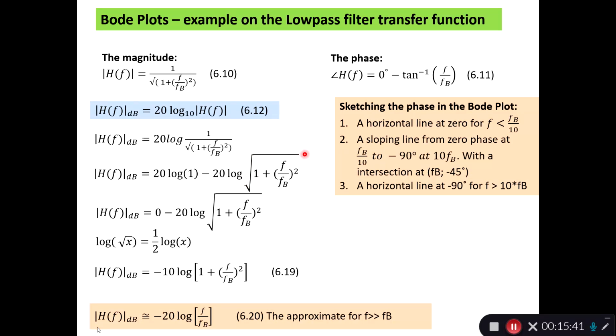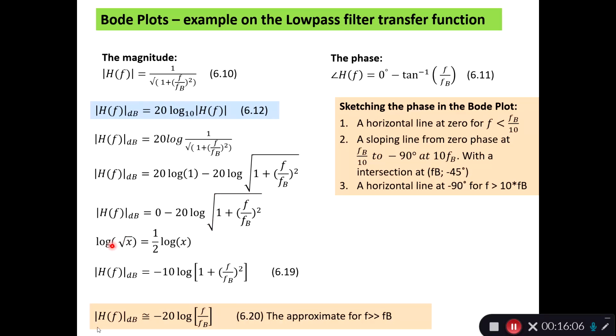That's the denominator. And then we know, or we can calculate, that the logarithm of 1 actually becomes 0. So 20 times 0 is also 0. So we get minus 20 logarithm of what we have under the square root.